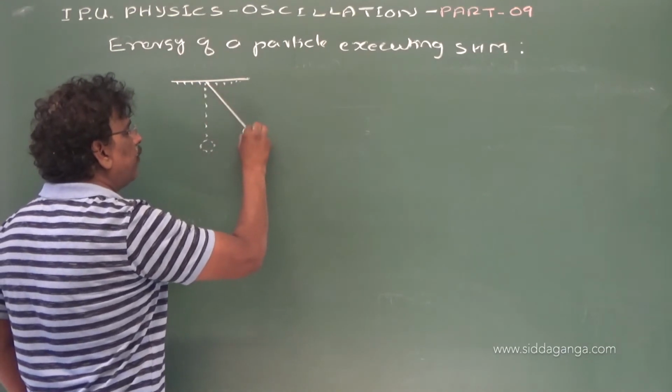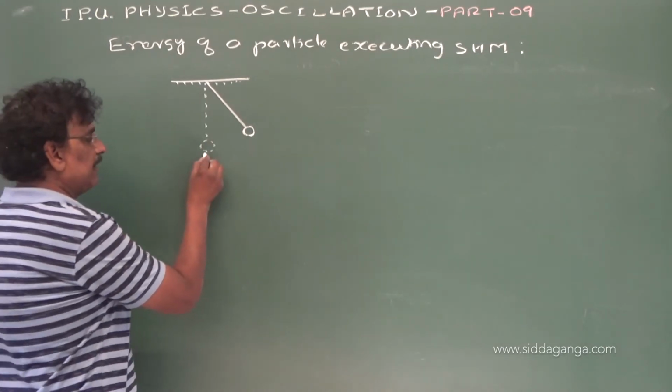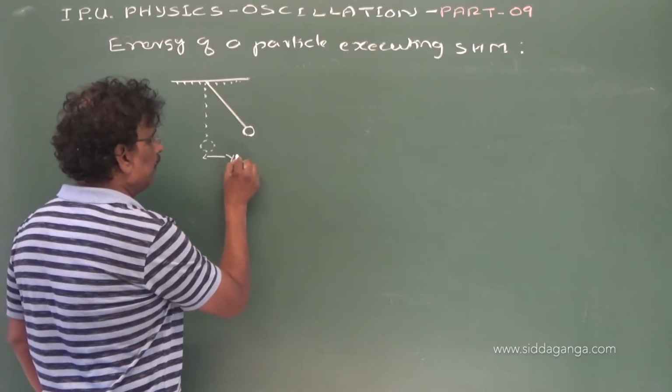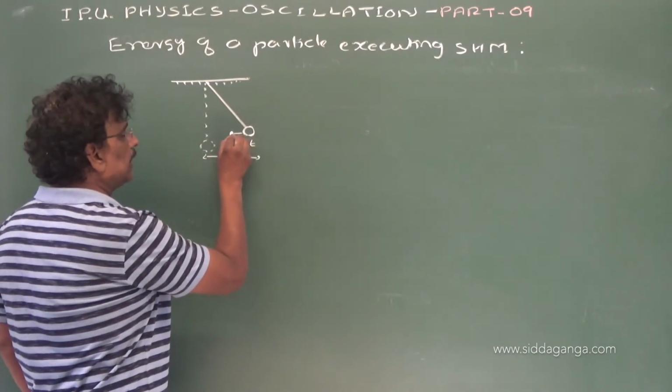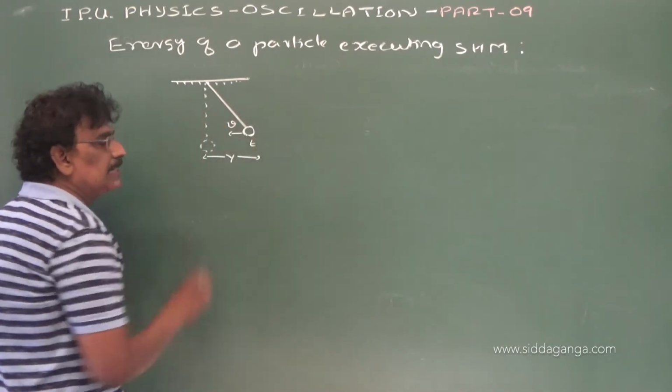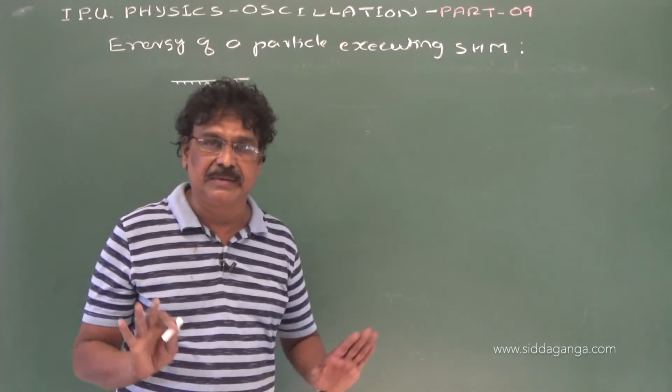Suppose we are having a bob here. It is having a displacement y, and at that instant of time it is moving with a velocity v, either towards or away from the mean position, that is immaterial.